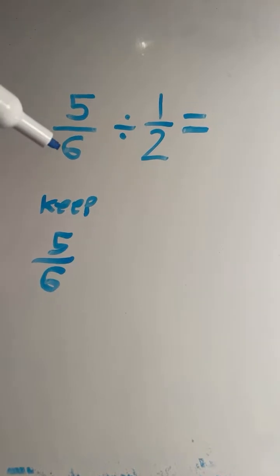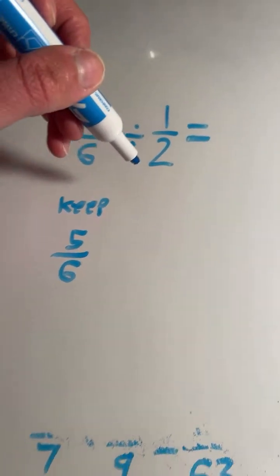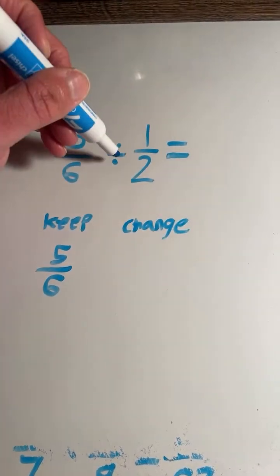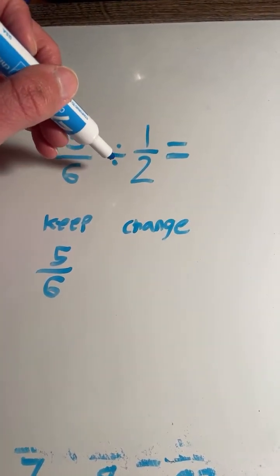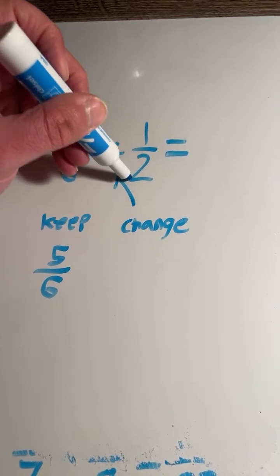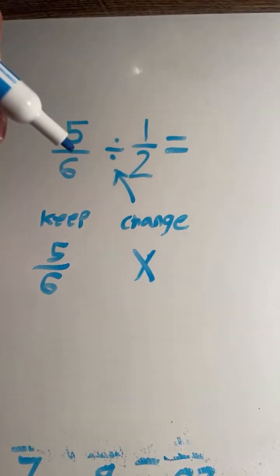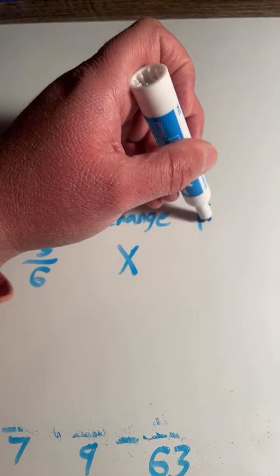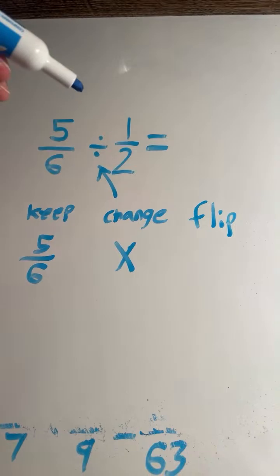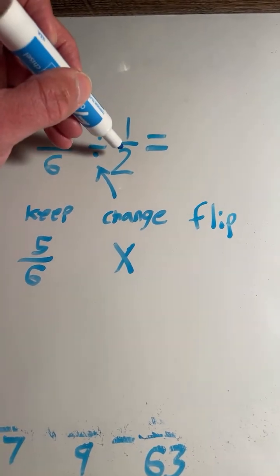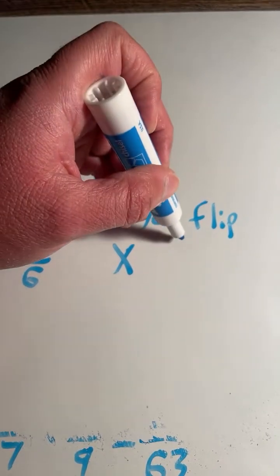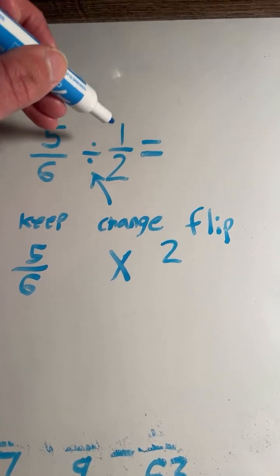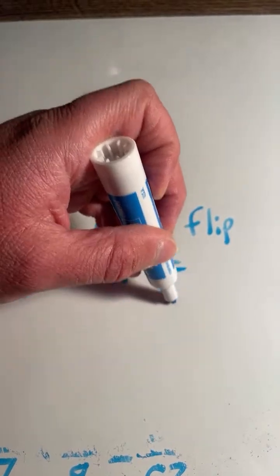Then we're going to change the division sign to a multiplication sign. Then the second fraction in the problem, we are going to flip it. So the denominator, the bottom number, is going to become the numerator, and the numerator is going to become the denominator.